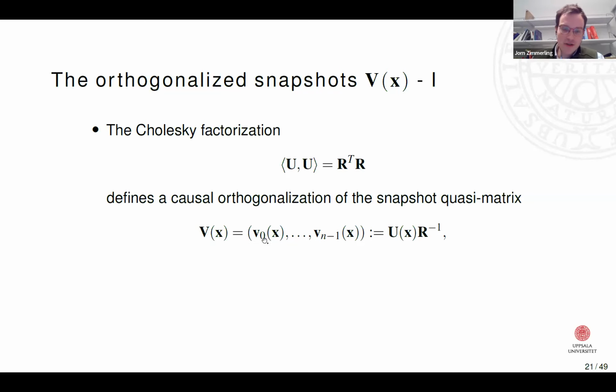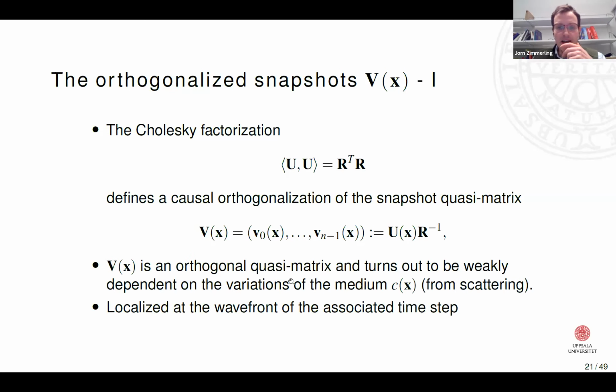And these are causal, meaning that V at time step j is only a linear combination of all U's up to that time step j. And it turns out that these V's are strongly, and I will show that in some pictures, dependent on the kinematics and weakly dependent on the variations in the wave speed that come from scattering. And they're also localized at the wavefront of the associated time step.